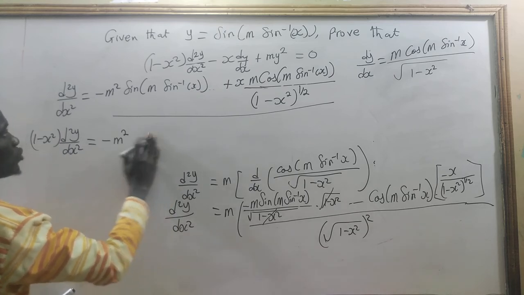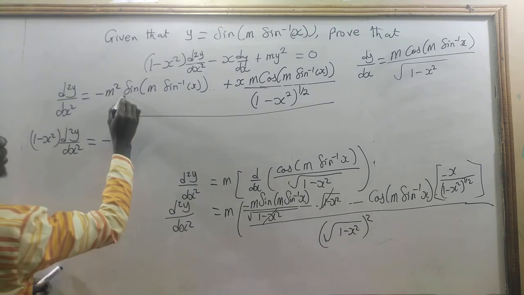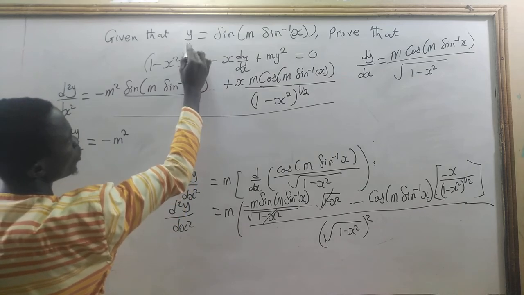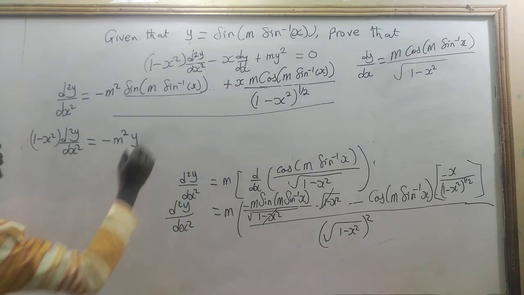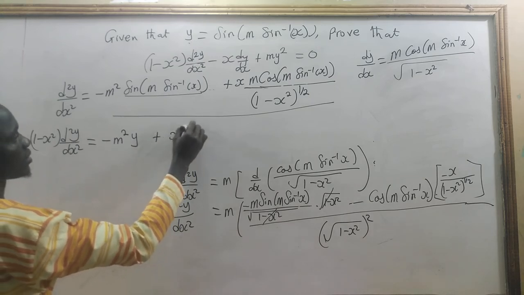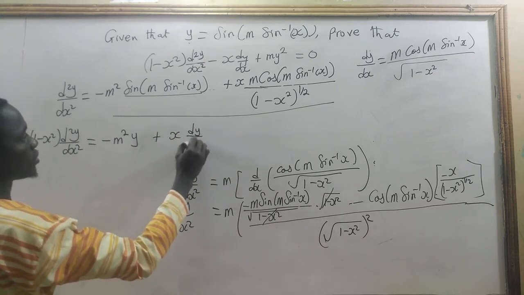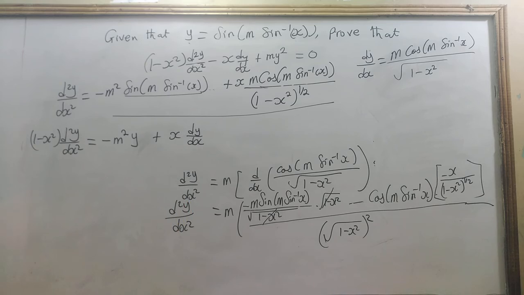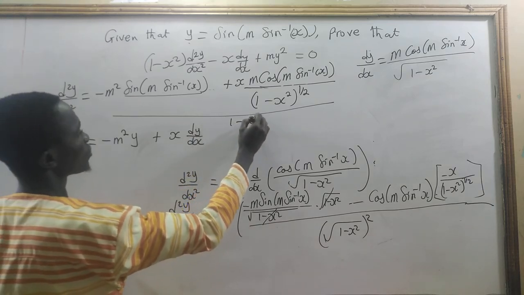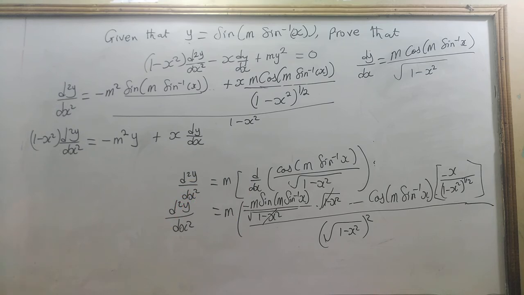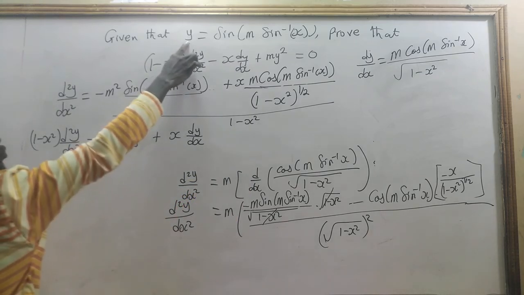Okay, that one too can be substituted. Look at this. This is equal to y. So we put it there straight, y plus x dy on dx. And we are almost done. Yeah, that's very simple. We are doing the substitution. Oh, here we have 1 minus x squared here. We are done.